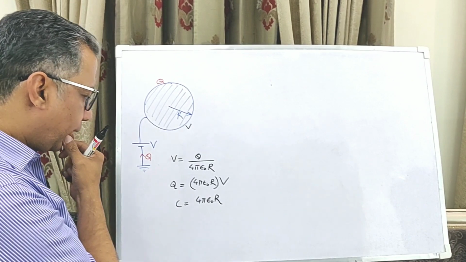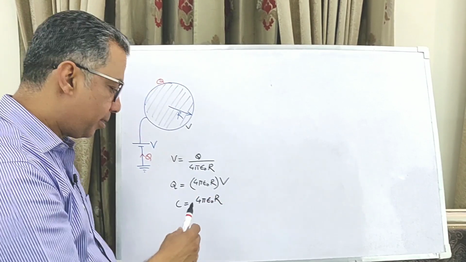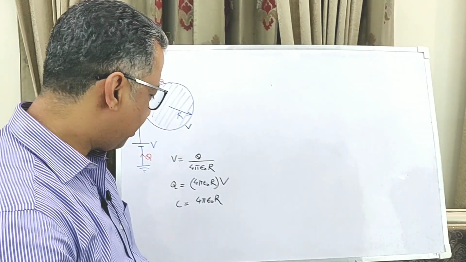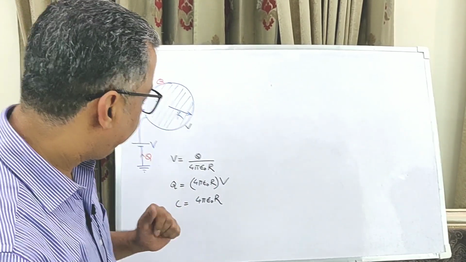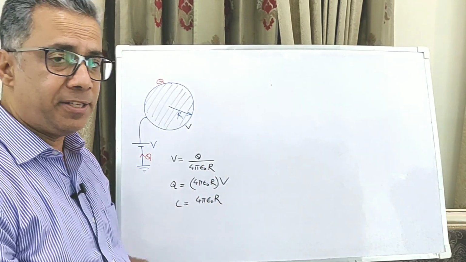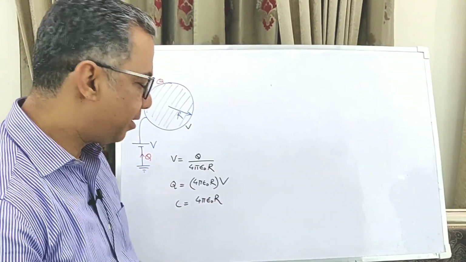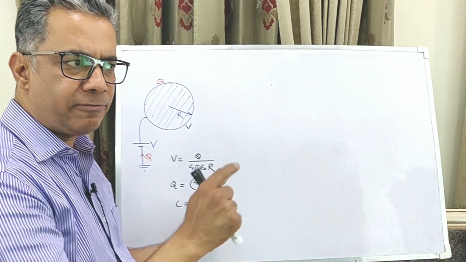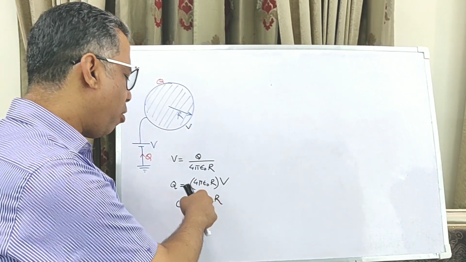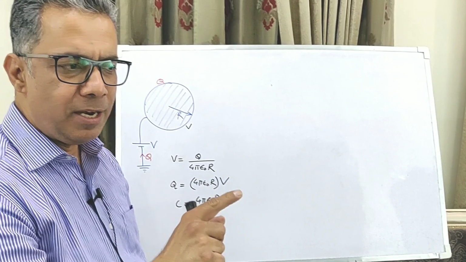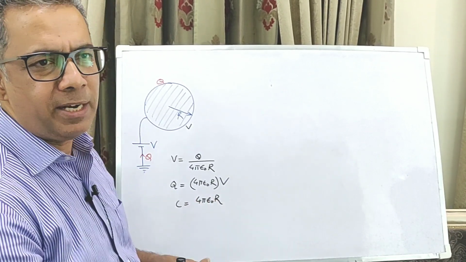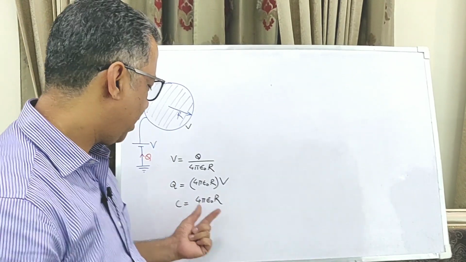Now we've calculated the capacitance, and I bring you back to the idea we just discussed that 1 farad is an enormously large capacitor. Now 4 pi epsilon naught is 1 upon 9 into 10 to the power 9. So this is of the order of approximately 10 to the power minus 10.